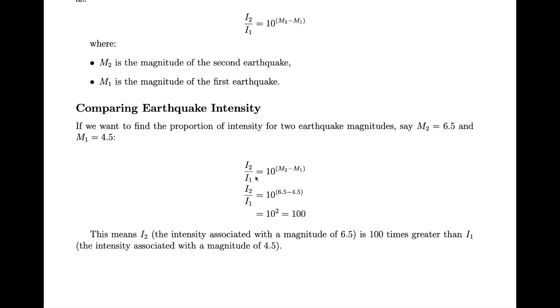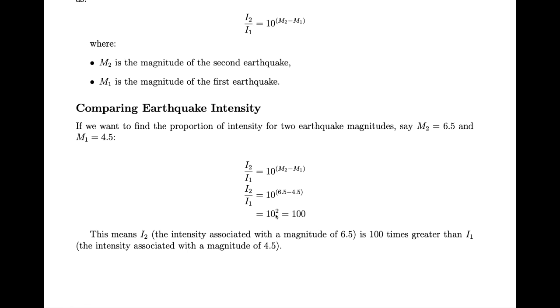Then we have I2 compared to I1 is equal to 10 to the exponent M2 minus M1. We can substitute 6.5 for M2, and we can substitute 4.5 in for M1, and we can see the difference on the Richter scale is 2.0, 6.5 minus 4.5.